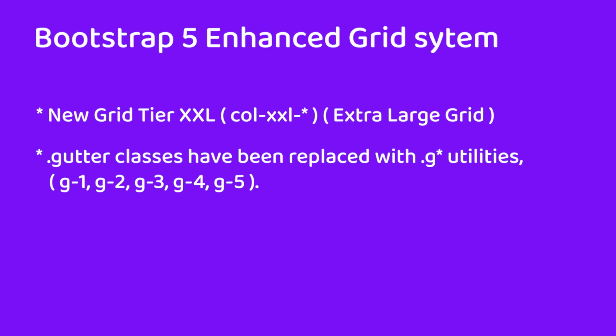Next change is they have enhanced the grid system in Bootstrap 5. They have added a new grid tier, XXL. Now in Bootstrap 5, we have this new col-xxl or the extra large grid system. .gutter classes have been replaced with .g utilities like g-1, g-2, g-3, g-5.